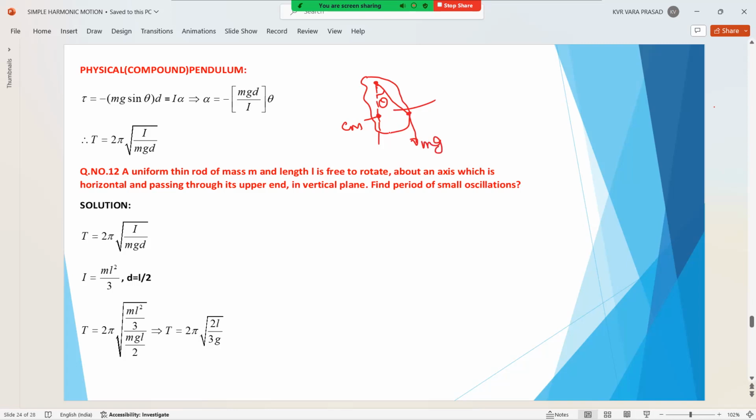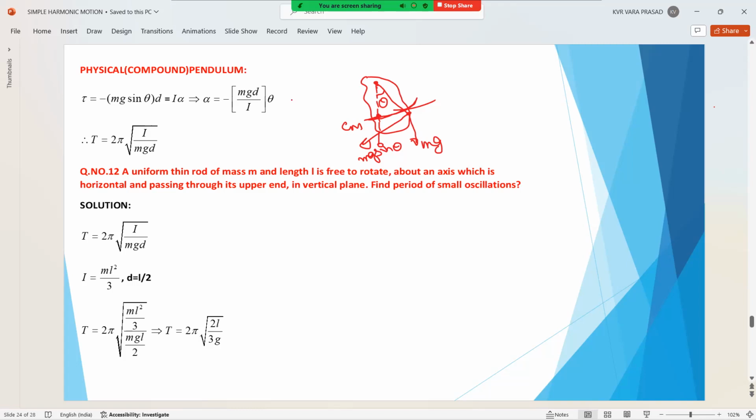If you observe only the center of mass, it is following a circular path, right? Now take its component along the tangent, that is mg sin theta. Because of this force, the torque will be clockwise.